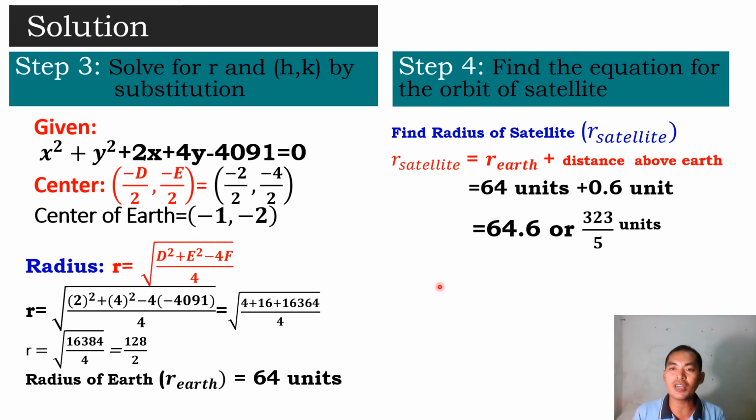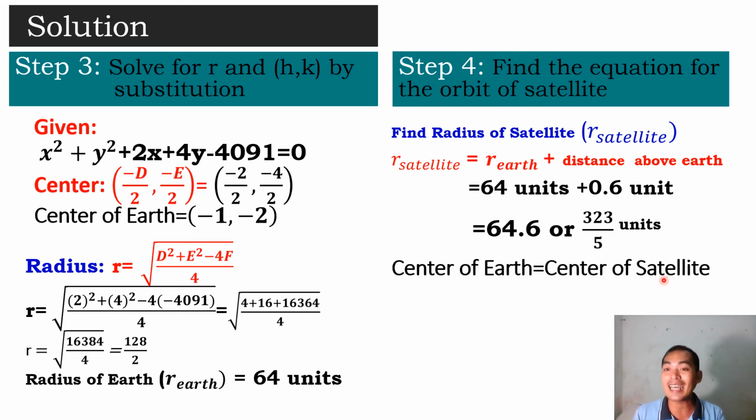That's the radius of the satellite. But the question is, what is the equation of the orbit of the satellite? So meron na tayo. You get this value of the radius of the satellite plus the center of the Earth, because this is also the center of the satellite. They have the same center. Center of the Earth is equal to the center of the satellite, which is equal to coordinate -1, -2.